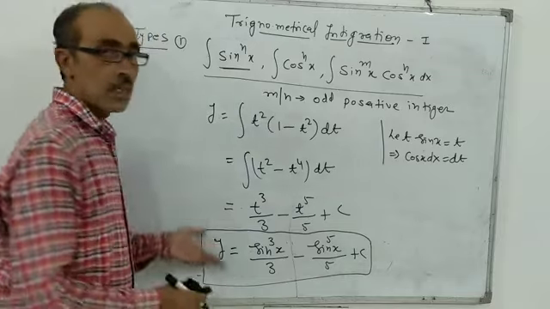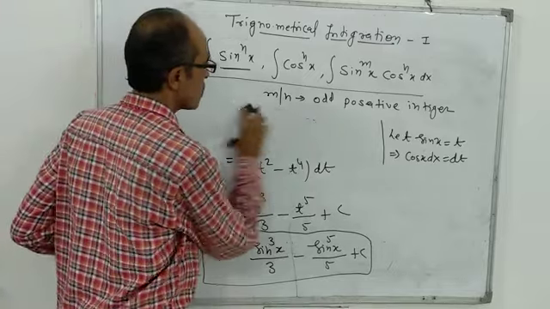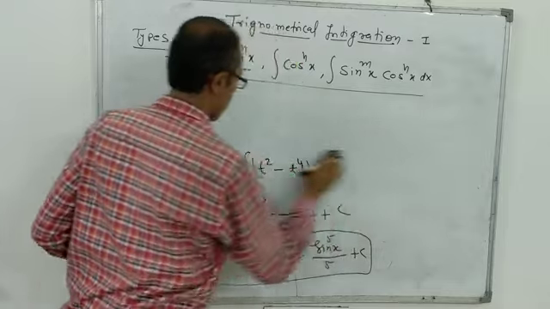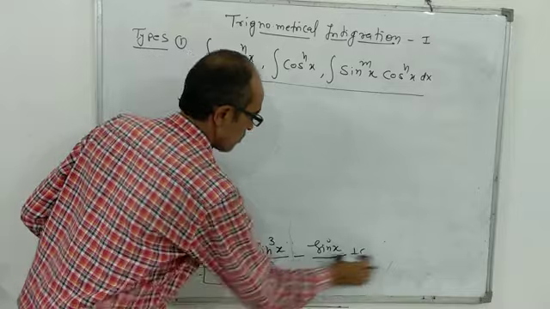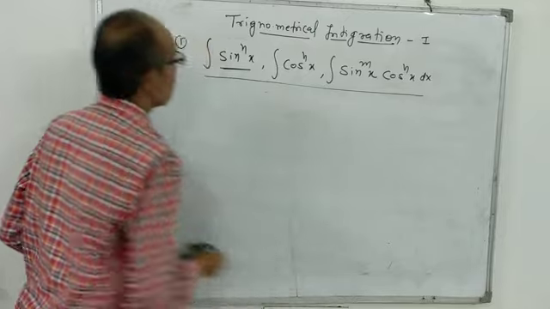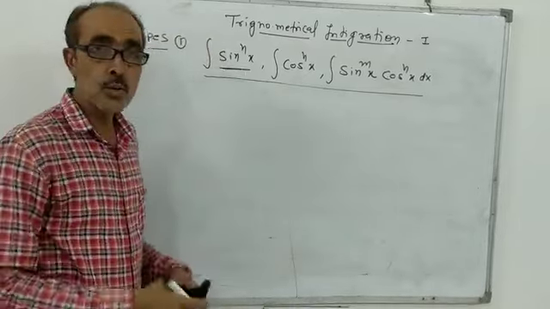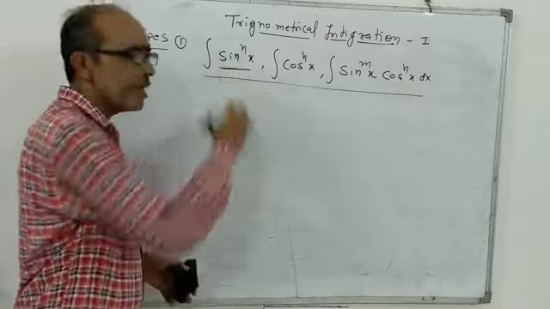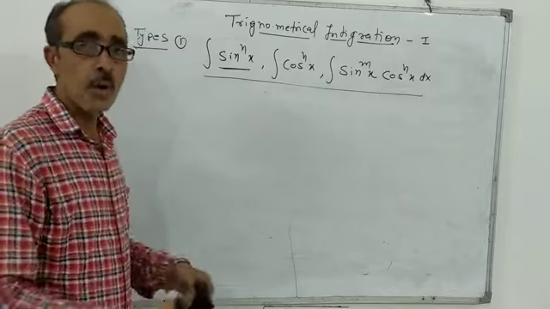The type 1 follows this method. When the power n is even, for small power we use the angle form, like 2 theta, 4 theta, but when n is higher, then for even power we use De Moivre's theorem.